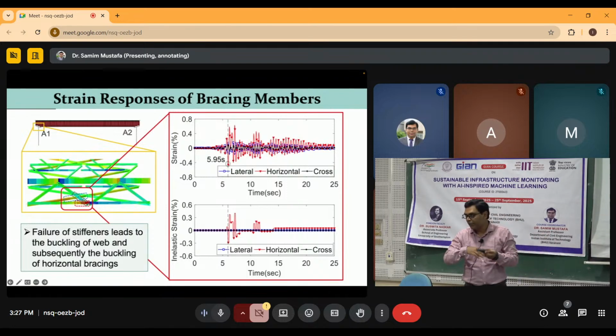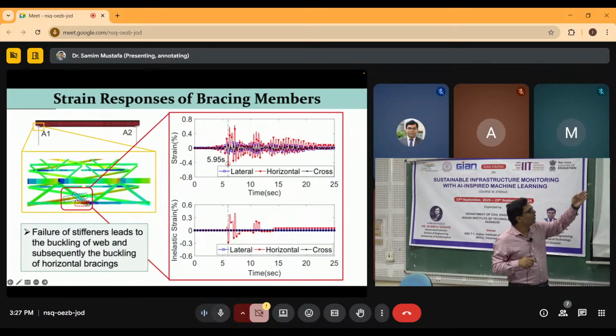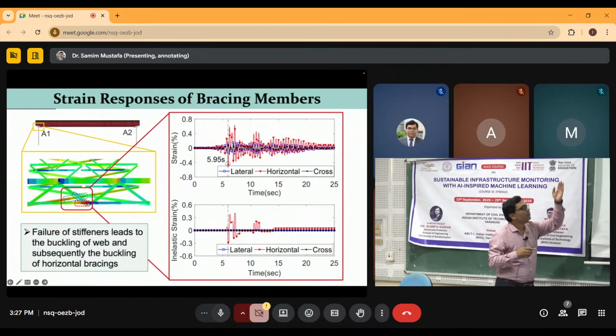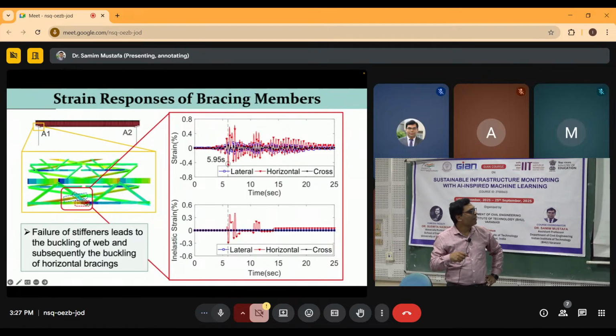Among all types of bracing, we can see the strain in the longitudinal, horizontal bracing member, which is connected directly to the bearing stiffener, crossing the yielding limit of 0.2% elastic strain. That is the moment it is getting yielded.